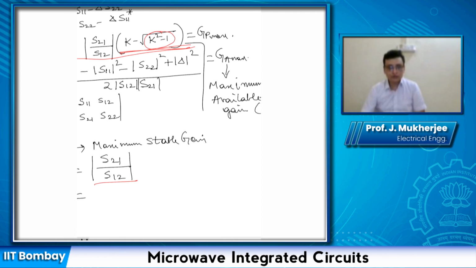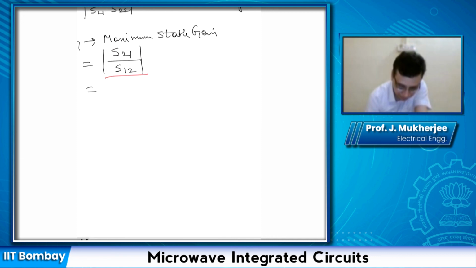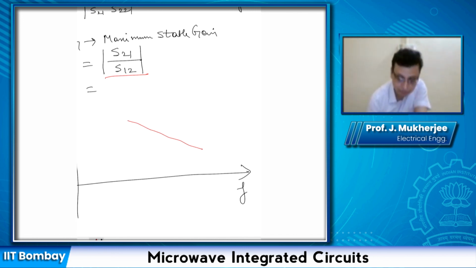The reason is that if we plot this GT max with frequency, for higher frequencies the system is more stable, and that's why we can define MAG for higher frequency. But for lower frequencies, where the system is more likely to be unstable, instead of defining MAG, we define the MSG.